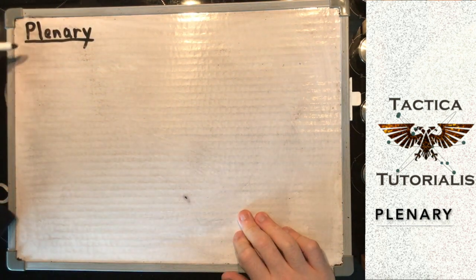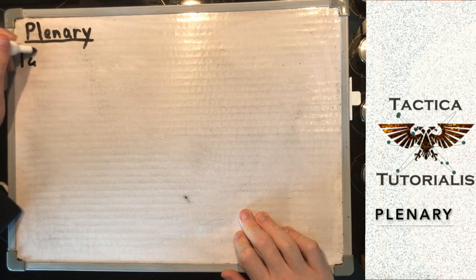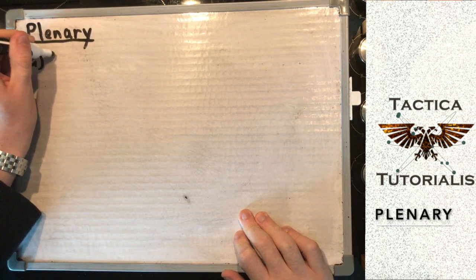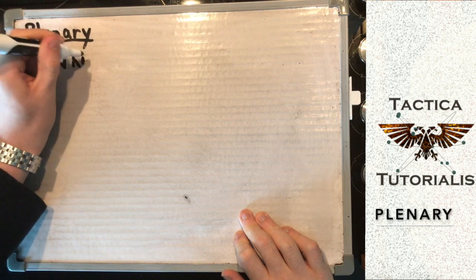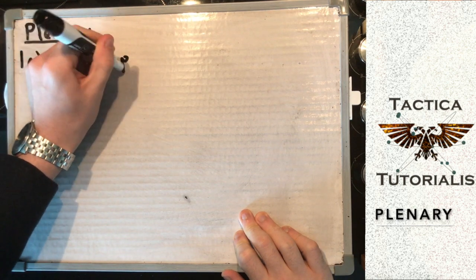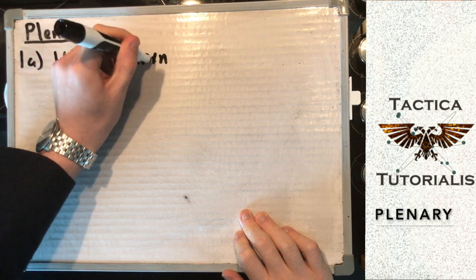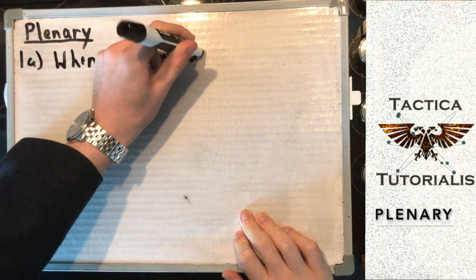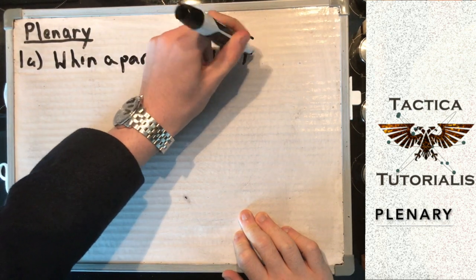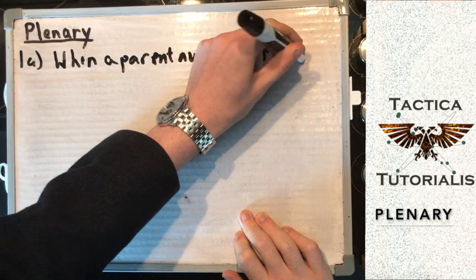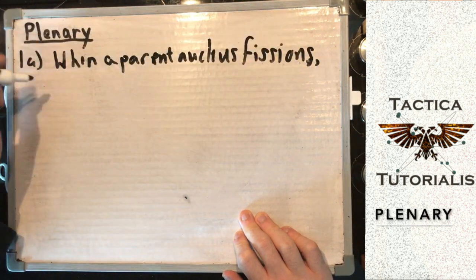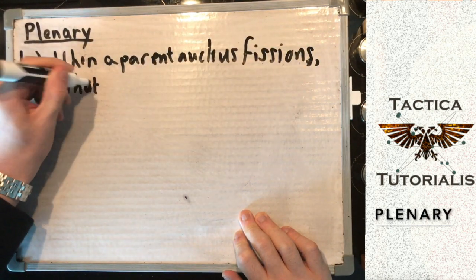It's a two-part question. So part A is, when a parent nucleus fissions, that has an S, what are the two types of products?